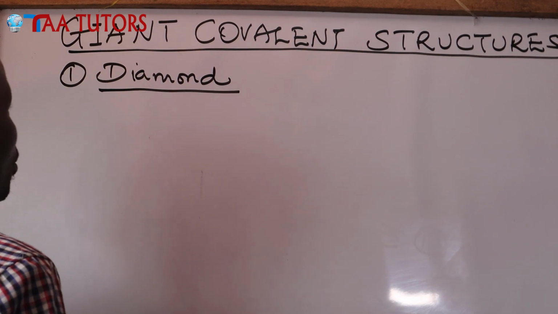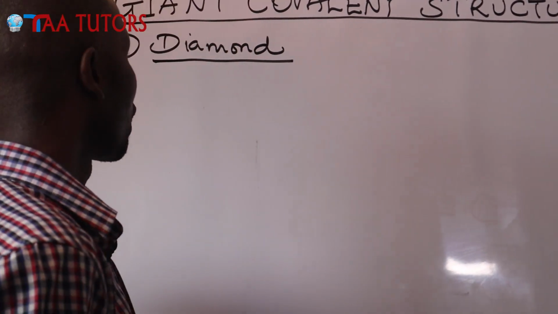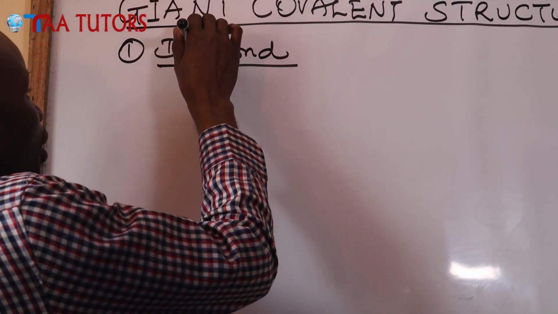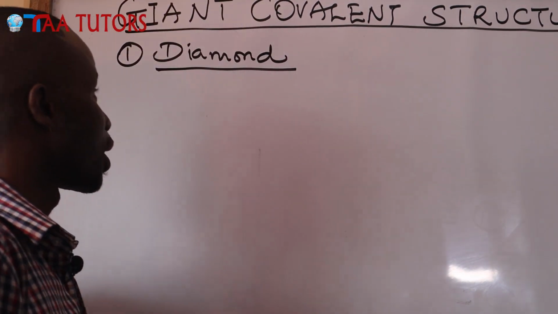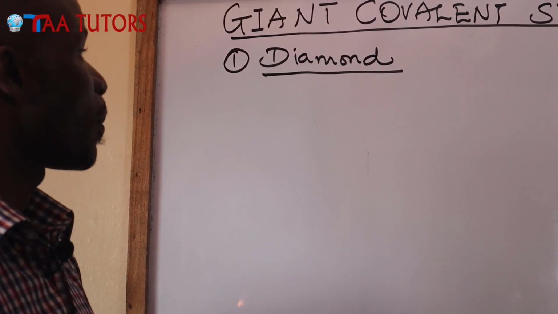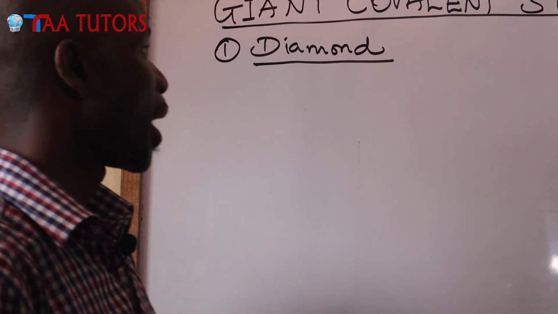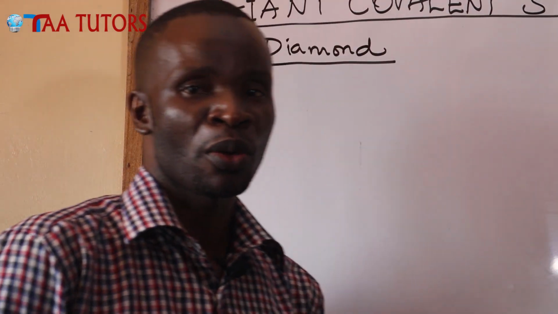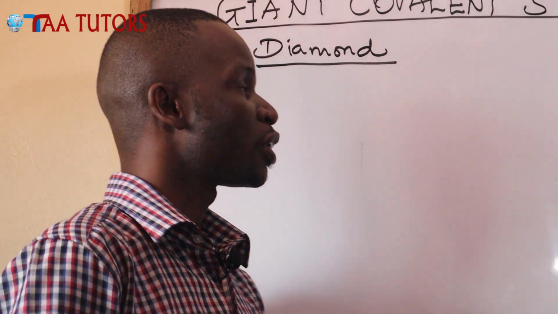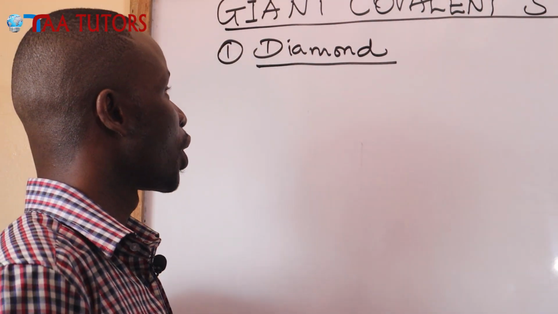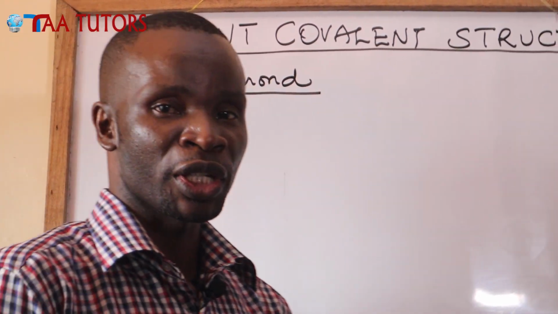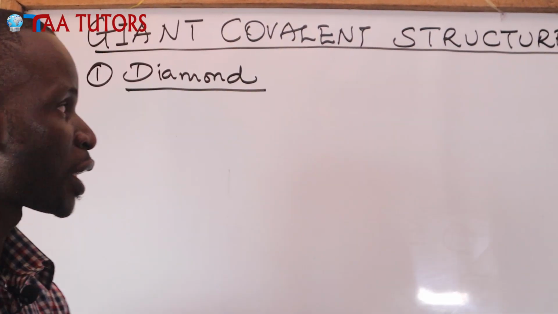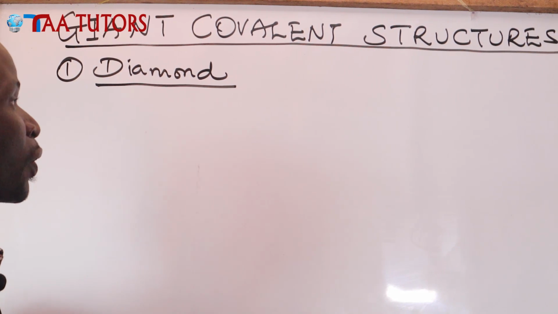Now, most of us have heard of diamond, but most of us have not seen it. Maybe you have seen it in movies or somewhere else, or something that represents diamond. But diamond is a very rare element because it is very valuable, since it is used for different things. One of the things is jewelry for beauty, especially necklaces, earrings, or finger rings.